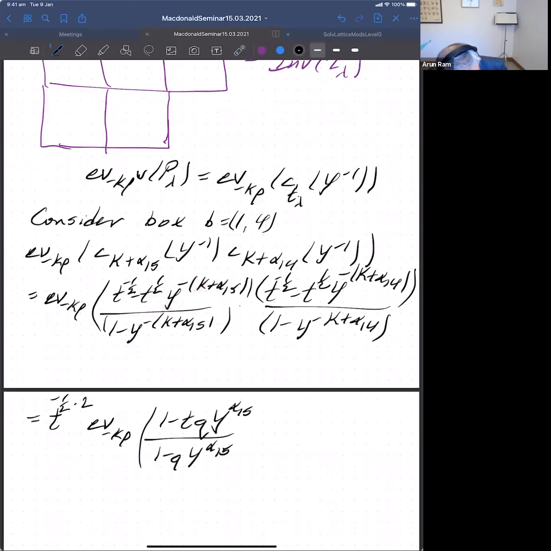And then again, you have 1 minus t, q, y to the minus k is turning into q, and then you have y to the alpha 1, 4.